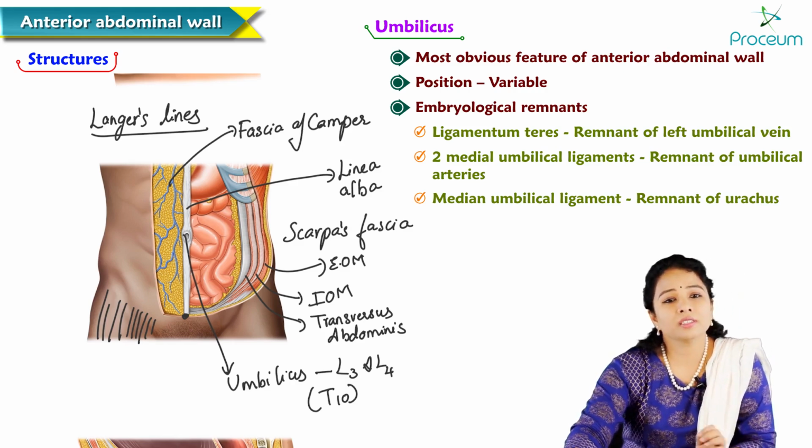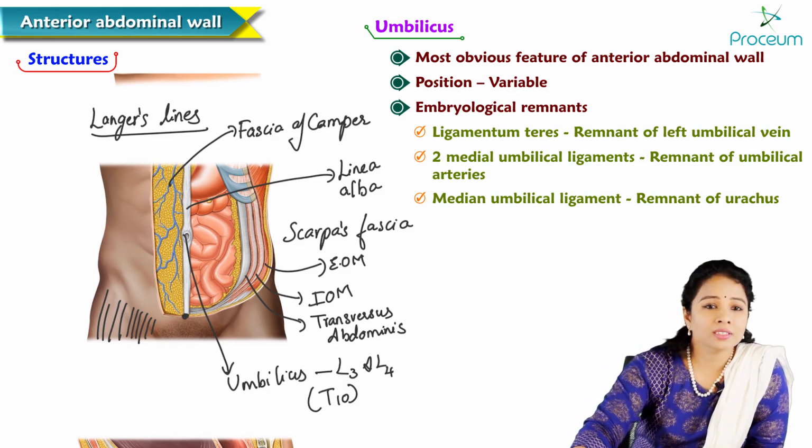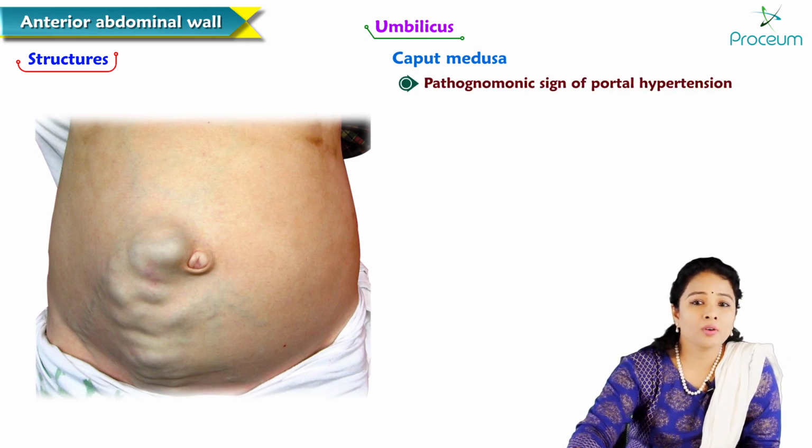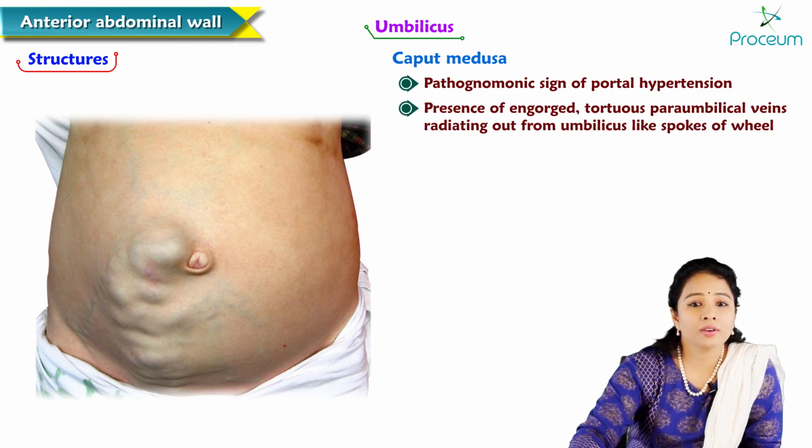The next condition associated with the umbilicus is caput medusae. It is a pathognomonic sign of portal hypertension, characterized by the presence of engorged tortuous para-umbilical veins that radiate out from the umbilicus like spokes of a wheel.